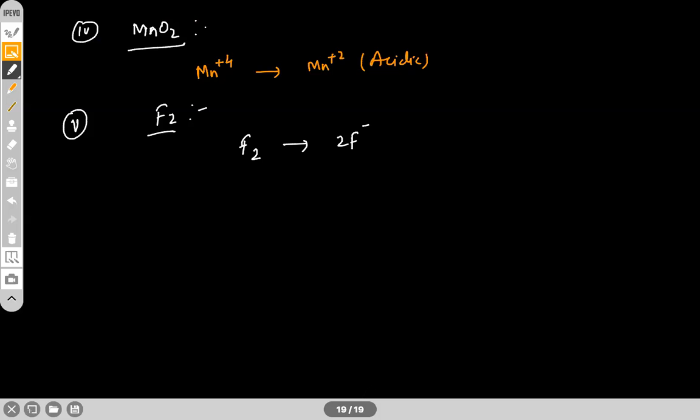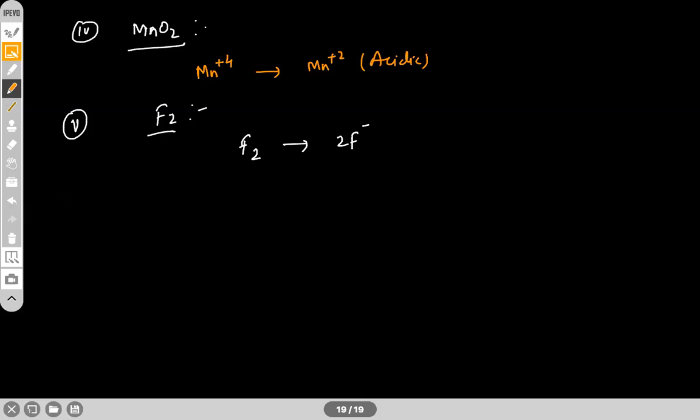Second point: lithium is the most powerful reducing agent. Alkali metals are good reducing agents. Alkali, alkaline earth, s-block elements are good reducing agents. They have a high tendency to lose electrons, electropositive character. So alkali metals are good reducing agents, same for alkaline earth metals. Lithium is the most powerful reducing agent.